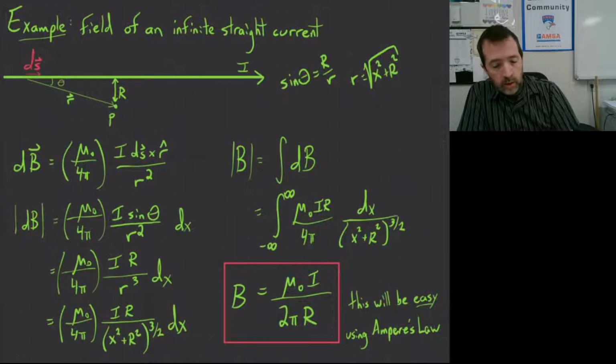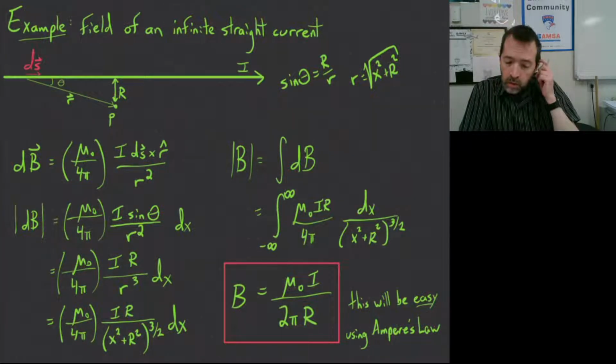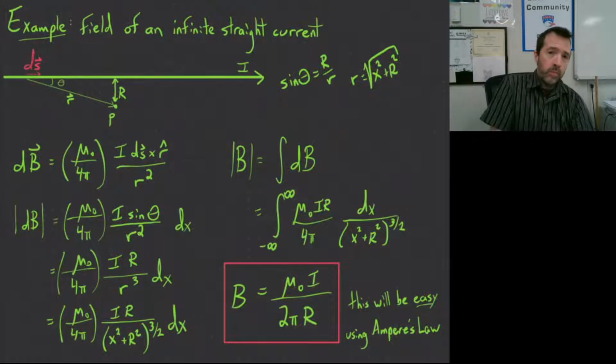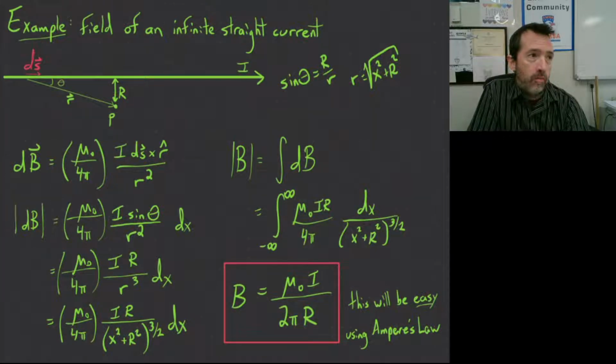A more difficult example is if you have a straight wire. This is a problem that they might ask you to set up, but evaluating the integral involves methods that they don't expect you to do during the exam, so they wouldn't ask you to evaluate it.